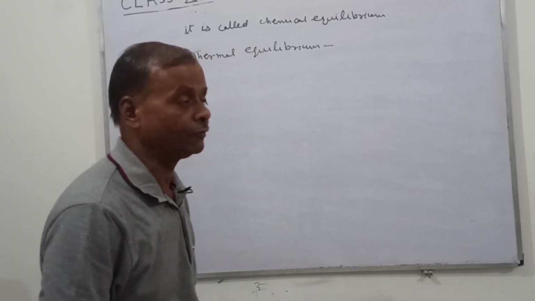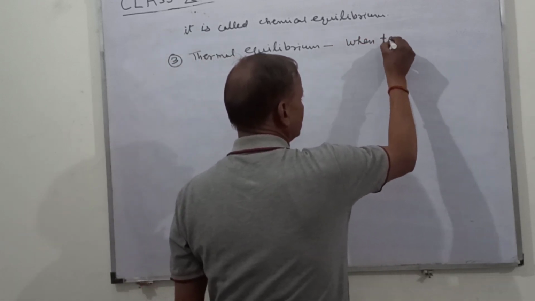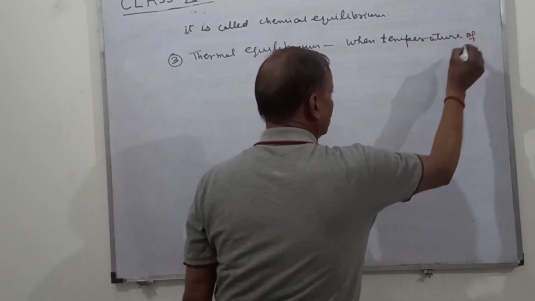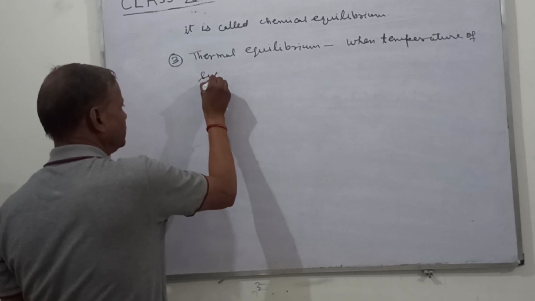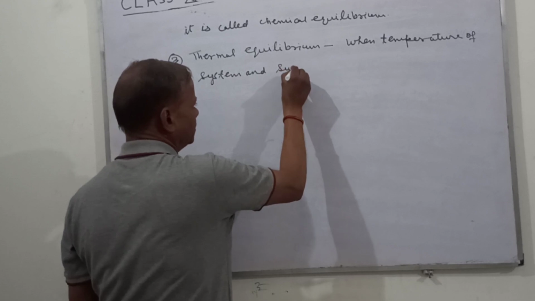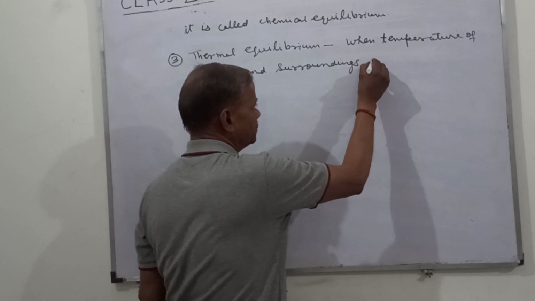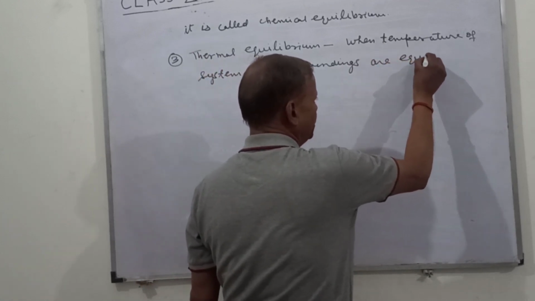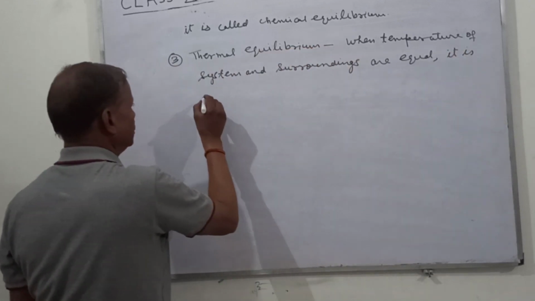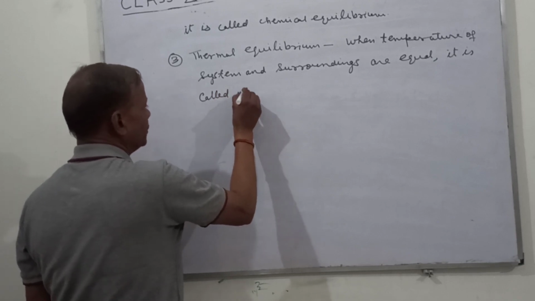When the temperature of the system and surroundings are equal, it is called thermal equilibrium.